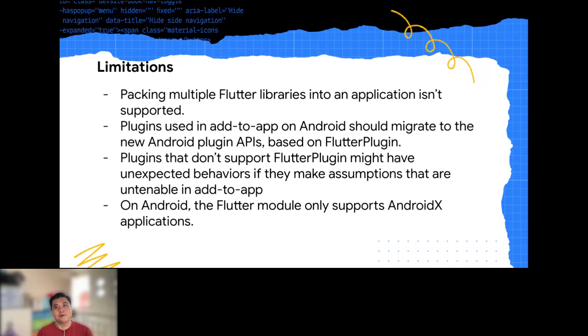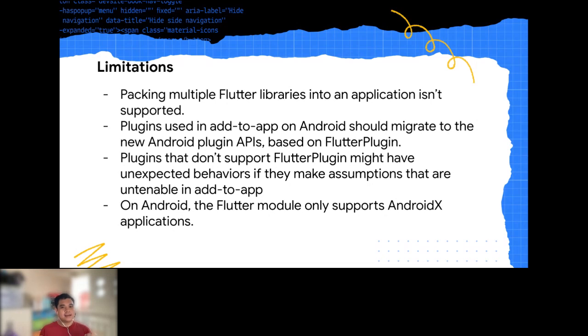That means if you have different business flows that you would like to write using Flutter, you will need to combine them into one Flutter AAR or podspec, because multiple Flutter libraries are not supported yet.